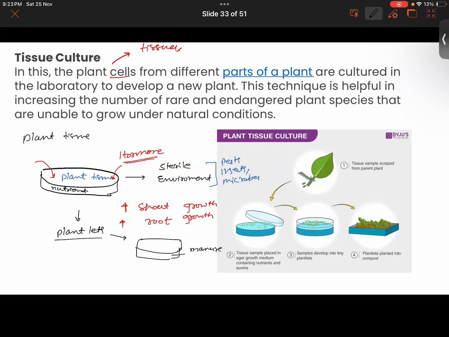Manures are of different types. I have placed it in compost. Compost is basically manure prepared from dead and decaying matter, and it has certain good microorganisms in it that help in plant growth.